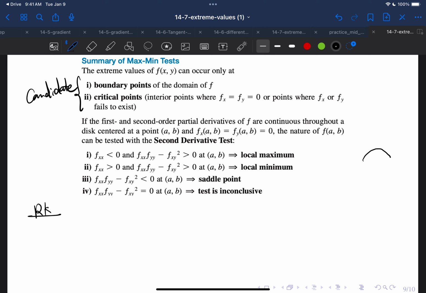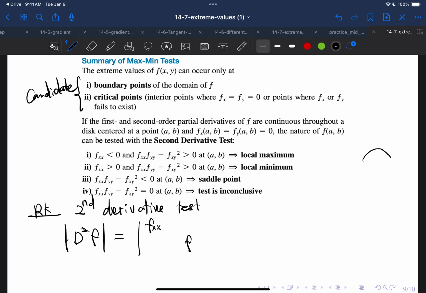For the second derivative test, we often write it in terms of the determinant. So we write the second derivative of f, and this is a matrix, and put it in the absolute value, which means determinant, which is basically fxx, fyy, and fxy, fxy.